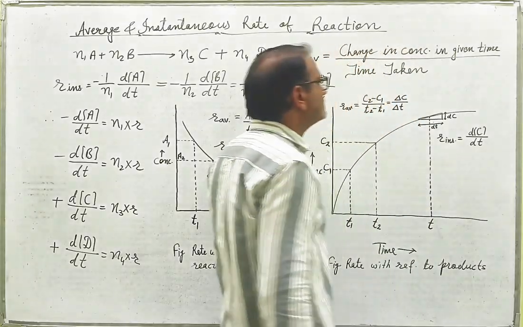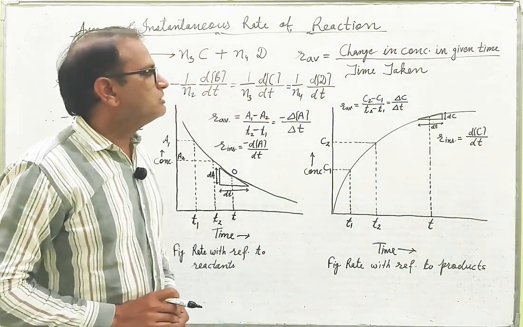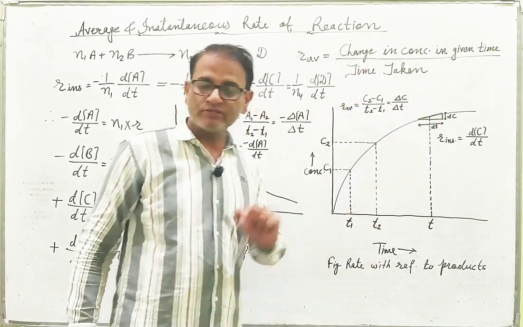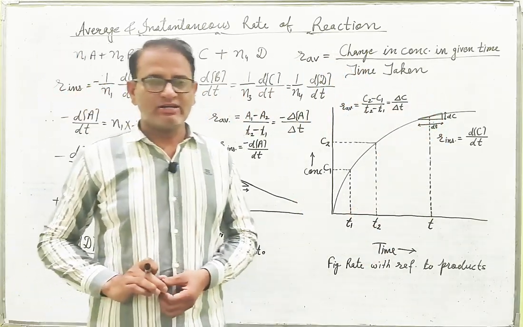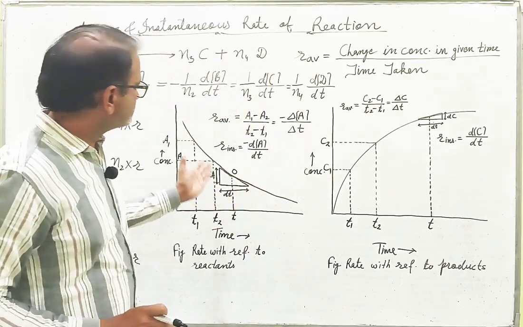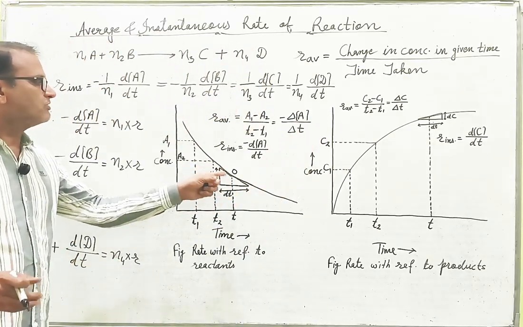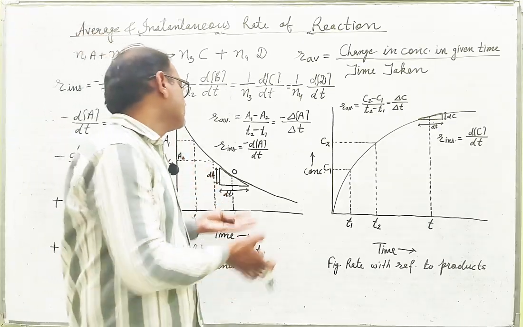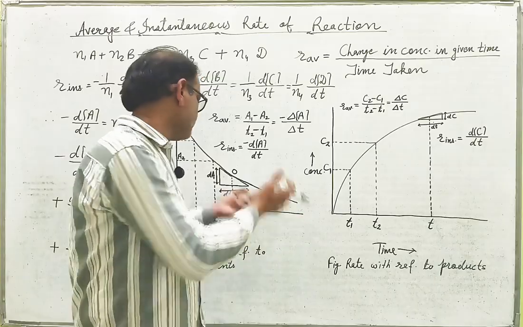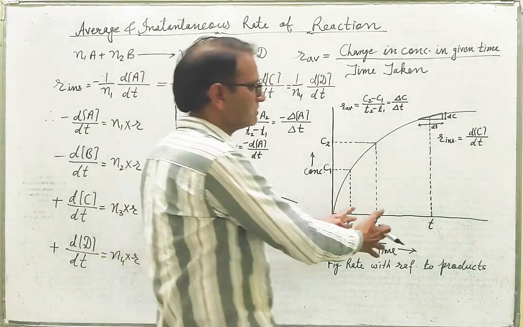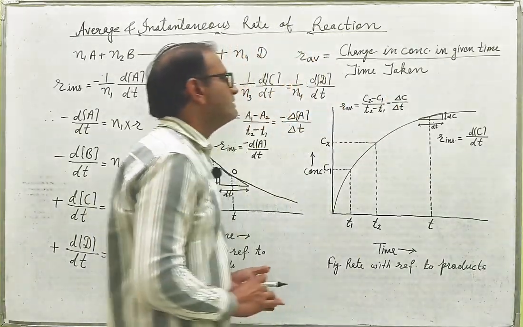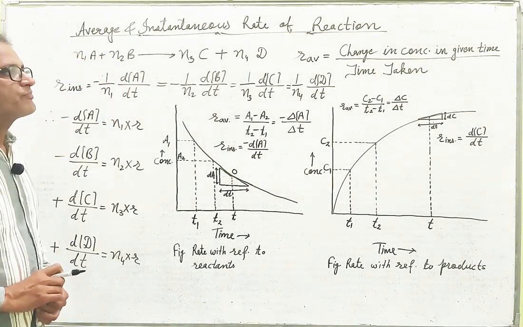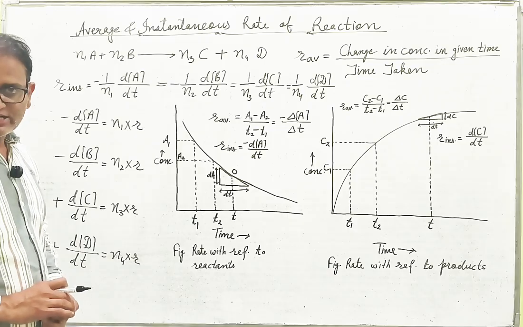So it means the instantaneous rate of reaction will be equal to the slope of this tangent. Likewise here, the instantaneous rate will be equal to the slope of this tangent. So this is how we can calculate, by extrapolating the graph with reference to reactant as well as with respect to product, and extrapolating a tangent, R instantaneous can be calculated.